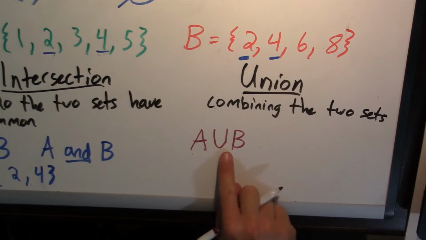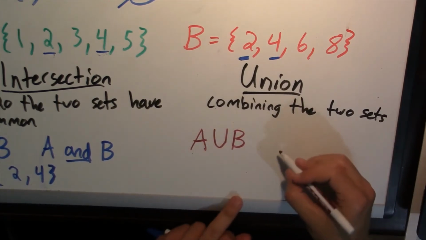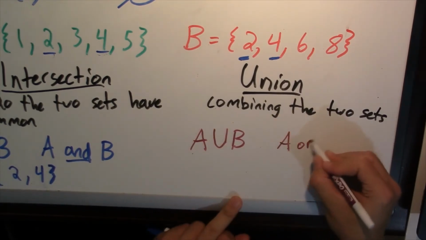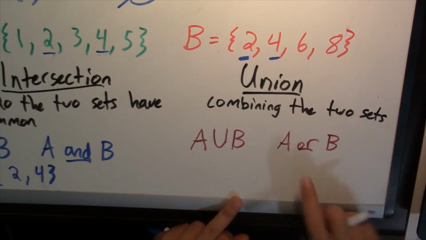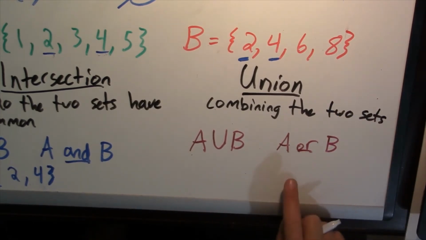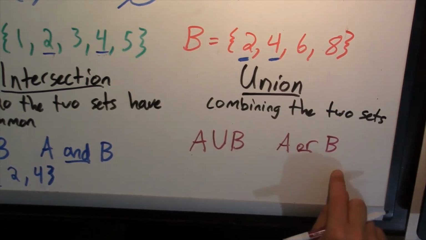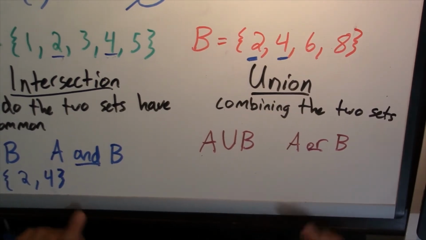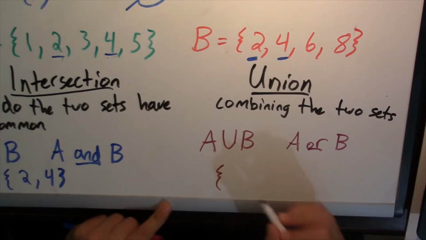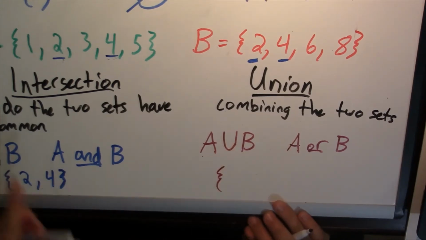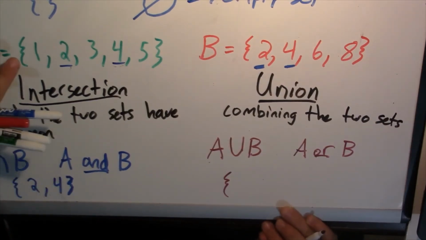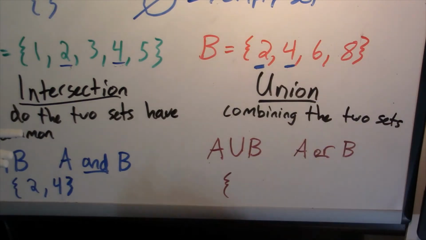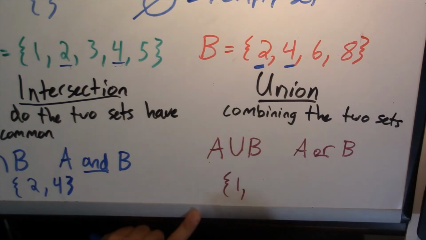So A union B. Another way to write this is A or B. That means if the element is in A or B, it goes into the set. In this case, if we look at this, is 1 either in A or B? Yes, it's in A, so it goes into the set.